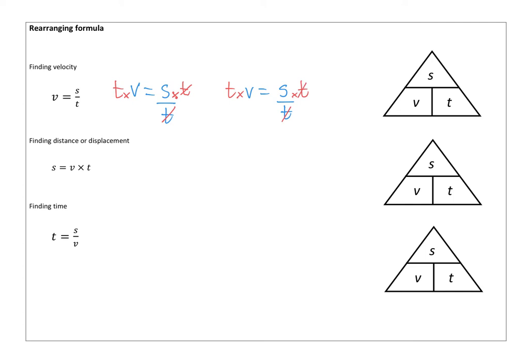Now I've got to get rid of the V on this side, so I'm going to divide by V. Whatever I do to this side, I've got to do to this side as well. V over V cancels, and that leaves us with T equals S over V, which is the formula that we have written down here. And obviously that one went to there. So that's just highlighting that process.